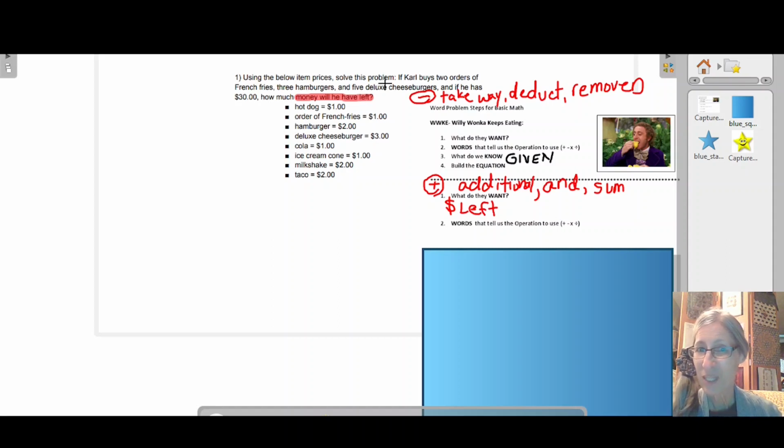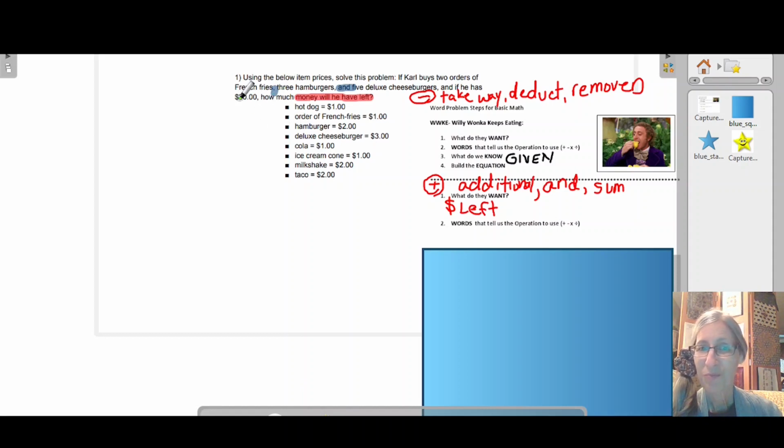Is there a key word in that part of that sentence that would tip us off on what operation to use? Yes, there is. We have the word and. Very good. And we also have commas.